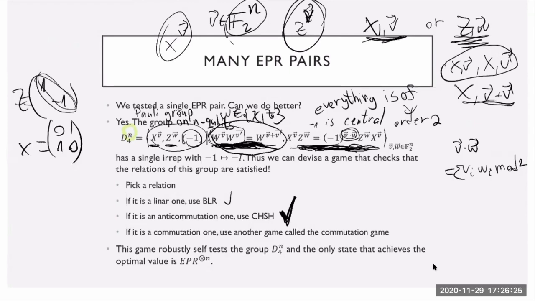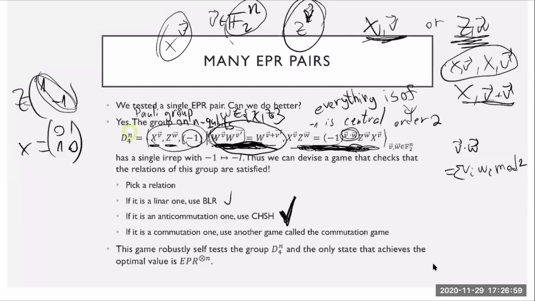Then the claim is that with this test, what is the probability that you actually detect? How robust is it? How many tests do you need to run? It's a constant. For any constant epsilon, if you epsilon-almost win with optimal probability, you are some polynomial of epsilon close to the optimal strategy.